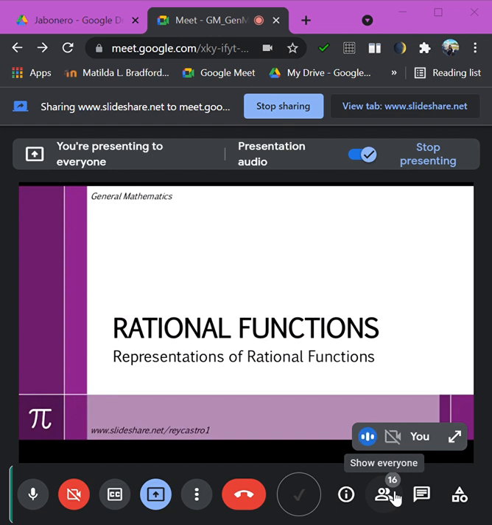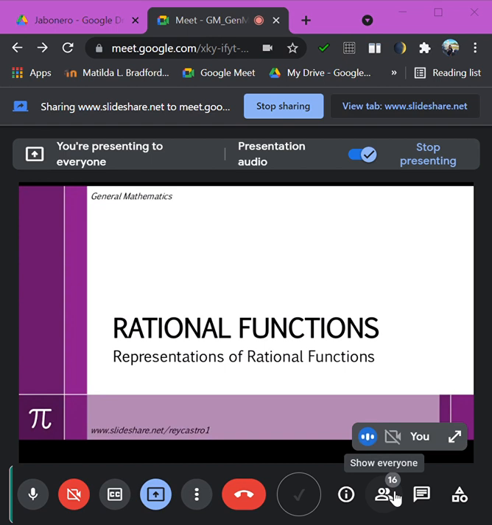Okay, how about unsa pa may lain? Aside from equation siya nga na siya polynomial sa babaw, polynomial sa ubos. How do we represent this one? Can we use graph sa atong rational function?